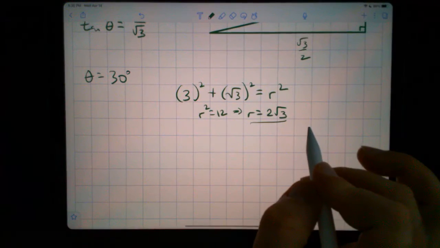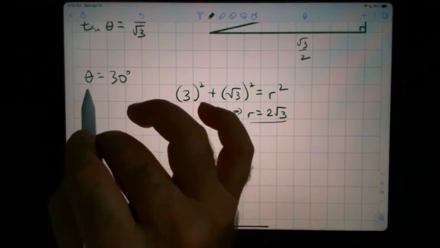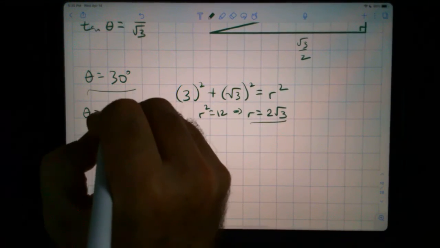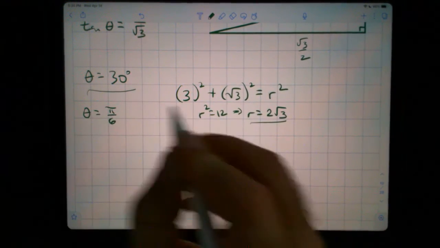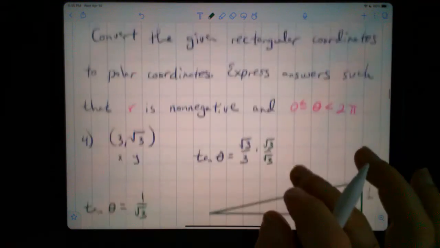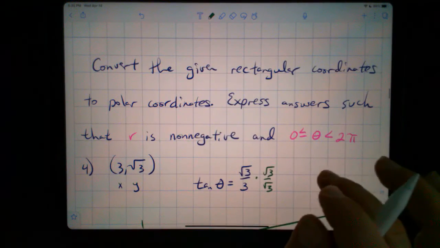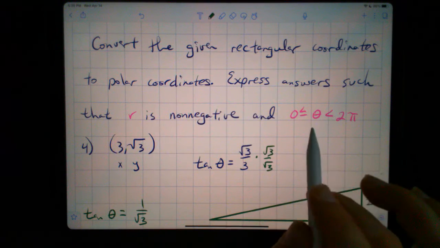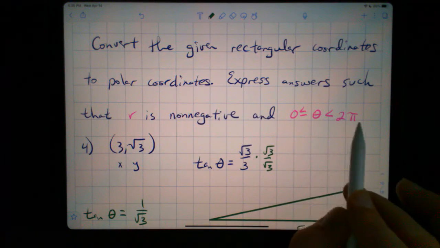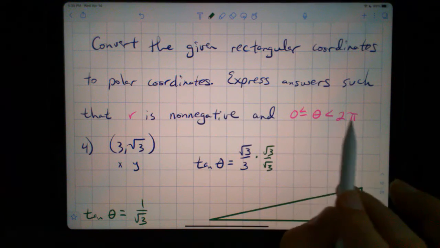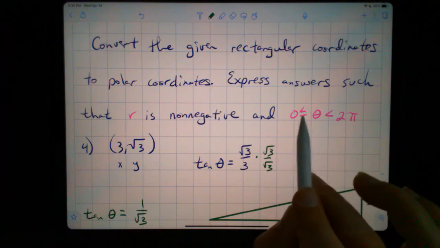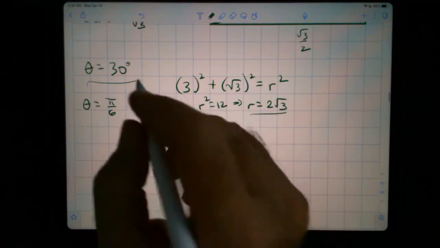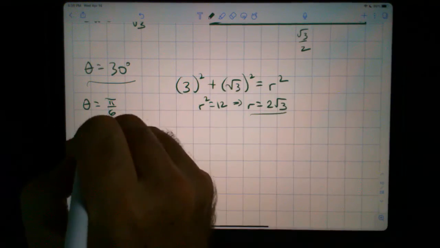So we have an r of 2 radical 3, and our theta is 30 degrees, or let's go with pi over 6. So theta has to be pi over 6 instead of 30 degrees. These are radians. And r is non-negative.